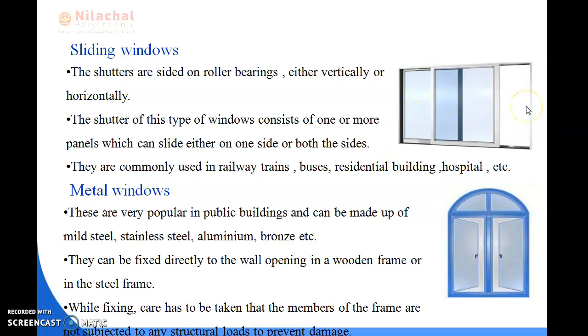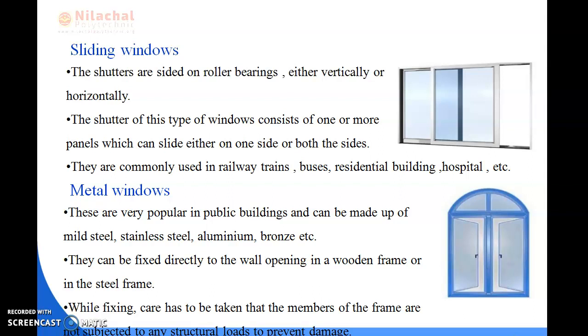You can see here, in many of our houses we also use sliding windows. The shutters slide on roller bearings either vertically or horizontally. The shutter of this type of window consists of one or more panels which can slide on one side or both sides, and they are commonly used in railway trains, buses, residential buildings, hospitals, etc.